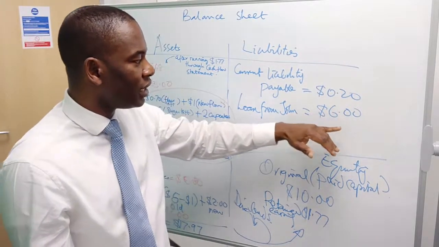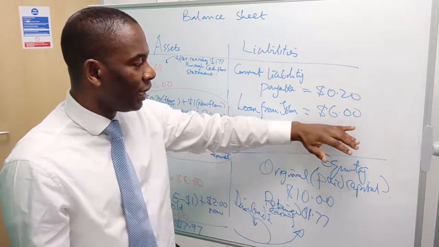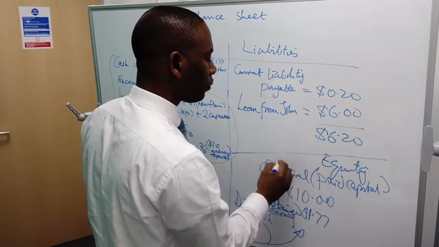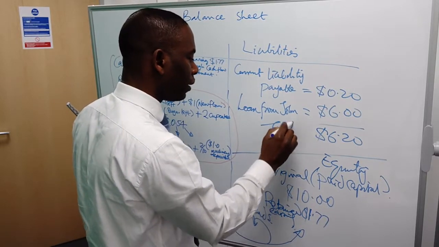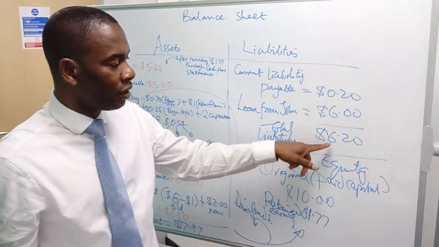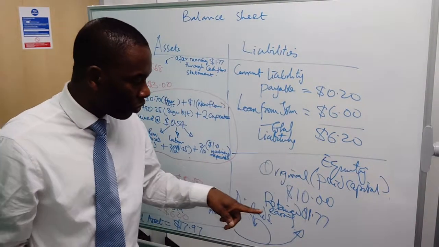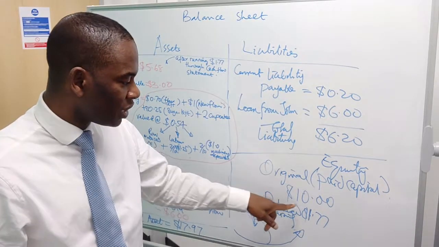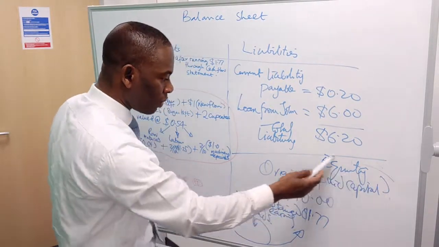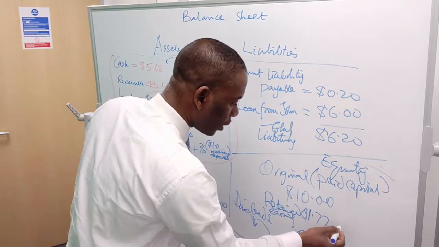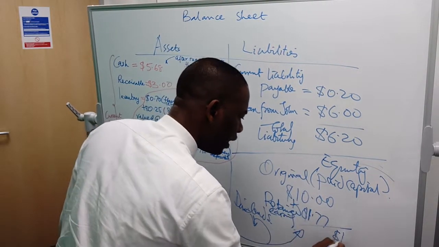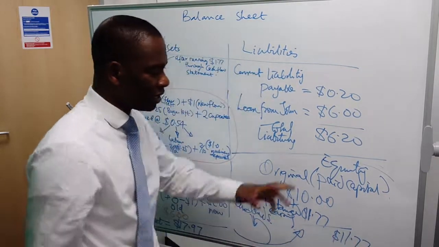Our total liability, normal liability here, is roughly $6.20. Shareholders' equity becomes $11.77.